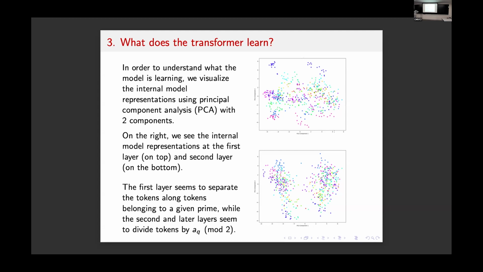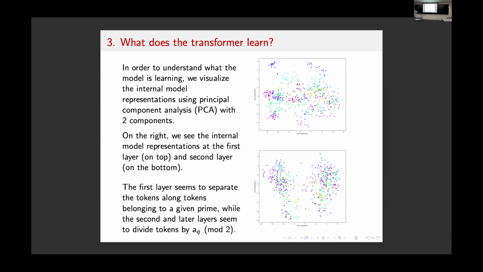Here are the internal representations at the first and the second transformer layer. At the first one, it roughly divides up the tokens based on the prime that they belong to. So the different colors are the tokens for different primes. I think here in dark blue, it's for the prime 67, and here it's for the prime 89.